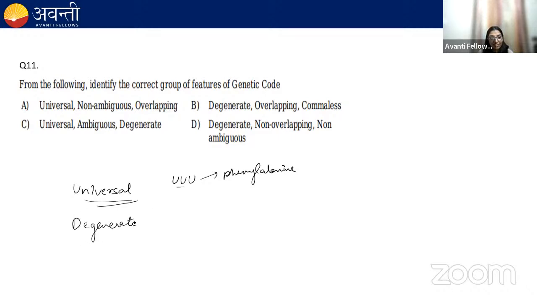Genetic code is degenerate. Degeneracy means when more than one codon codes for the same amino acid, like UUU and UUC. They are different codons, but they are coding for the same amino acid, phenylalanine. So it is called degenerate.